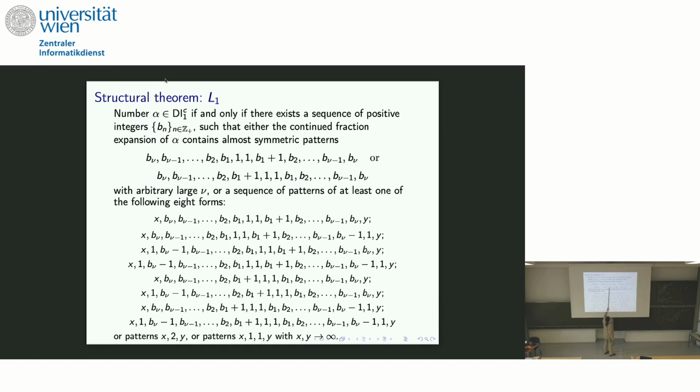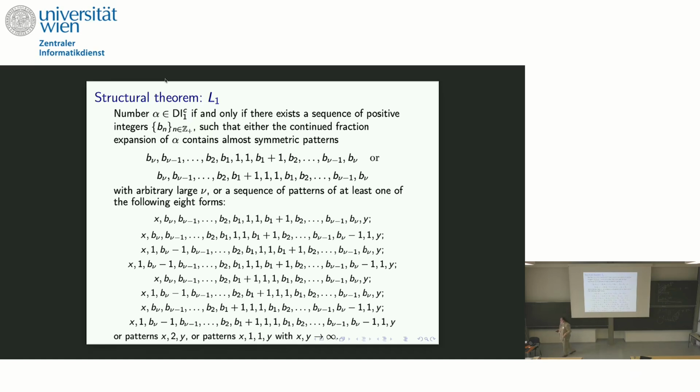Then 2 ones, and it is not just an exact palindrome, because here, due to something like folding lambda, you need to write B1 plus 1, but it is palindromic, and these are variations on this line. So, in some sense, Dirichlet non-improvability for L1 is equivalent to the existence of palindromic patterns in the continued fraction expansion.